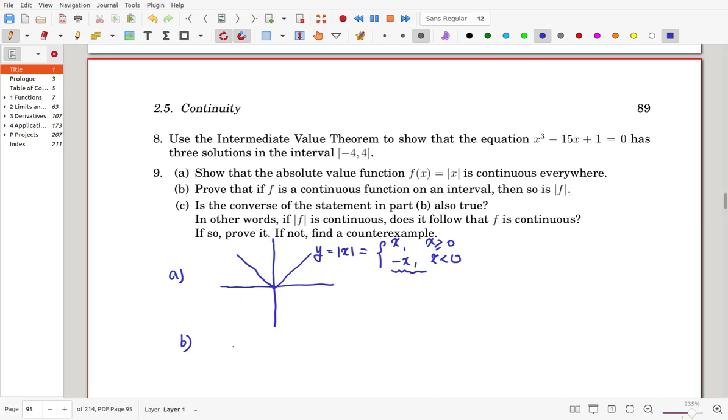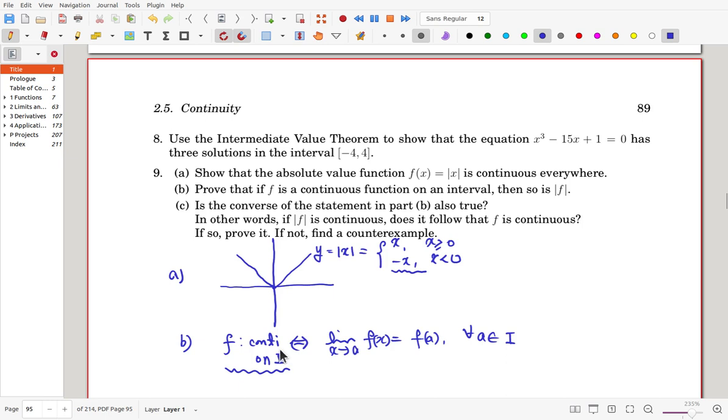The assumption that f is continuous on an interval is the same as the limit as x approaches a of f of x equals f of a, for any choice of a inside the interval. Let's say that is the interval I. By definition, it is the same as that one. So if it is continuous at every point, then it is continuous on the interval.